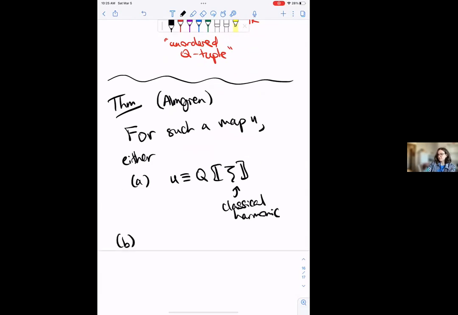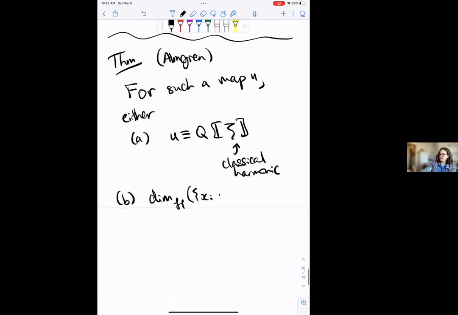or we have the following dimension estimate on the singular set, the set of Q-points of u. These are the points where u(x) is Q[[y]] for some y. But this set has dimension at most m-2.